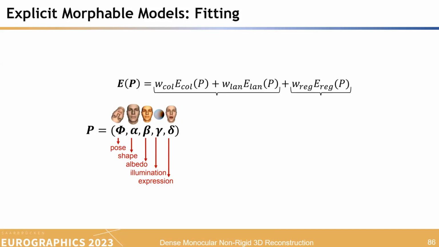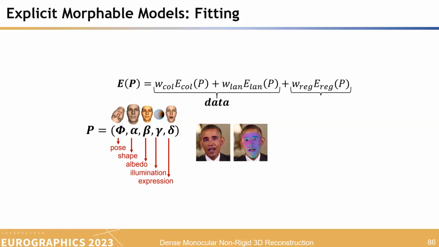With the help of differentiable rendering and an optimization function which looks like this, which involves a data term, a sparse landmark term and a dense photometric term. They also have a regularizer which constrains the space of parameters to stay in the valid region. This can be solved iteratively, or you can train an encoder to directly regress these parameters.